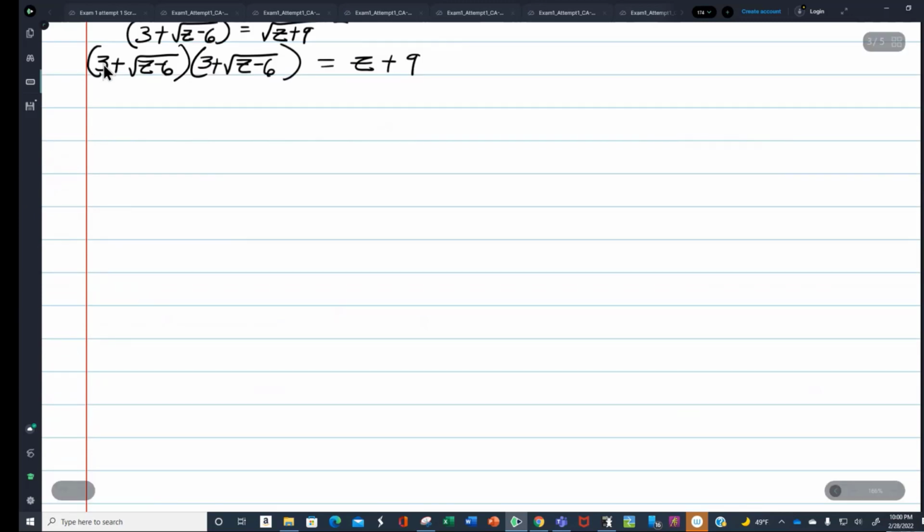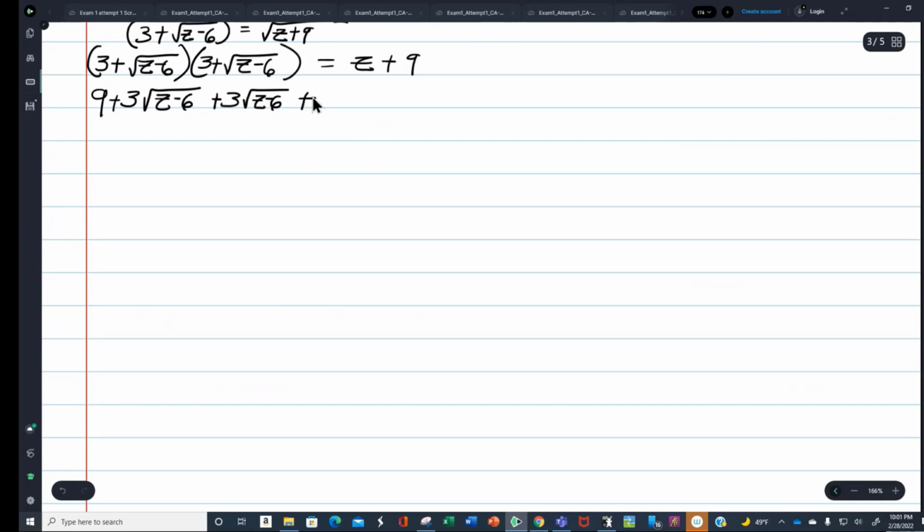Okay, so 3 times 3 is 9. 3 times plus the square root of z minus 6 is plus 3 times the square root of z minus 6. And then plus the square root of z minus 6 times 3, that will also give me 3 times the square root of z minus 6.